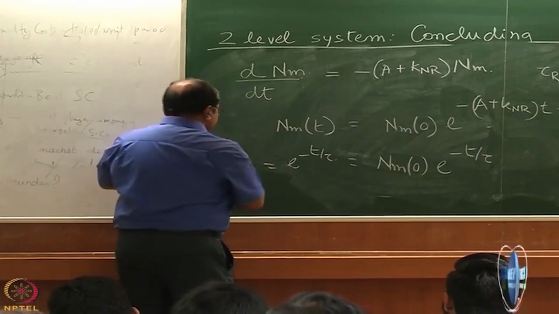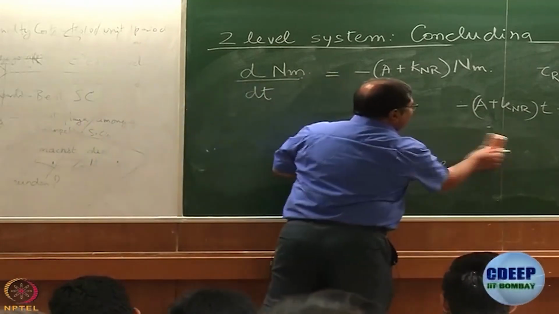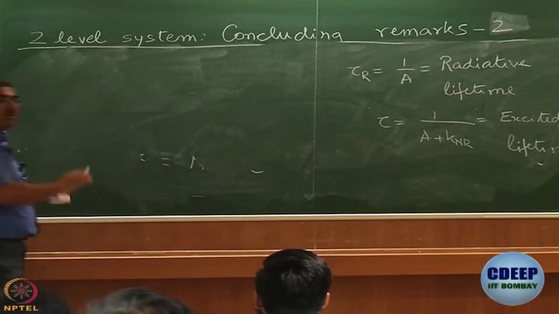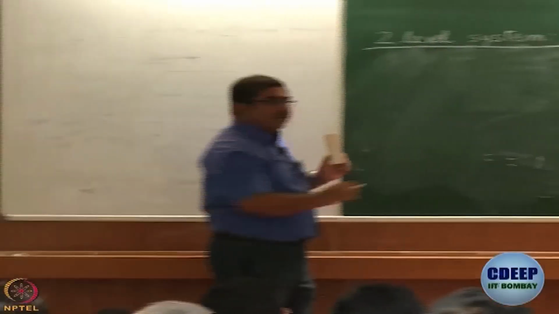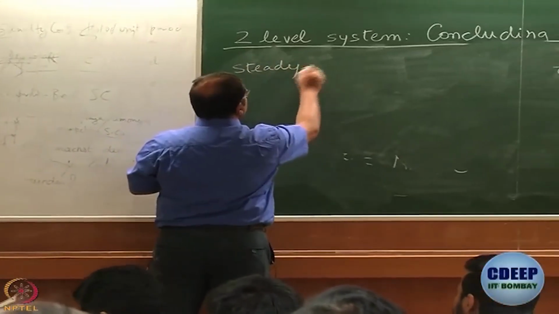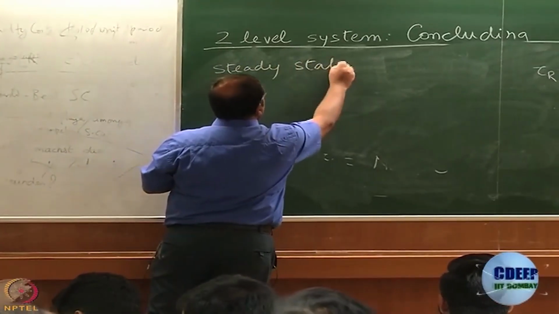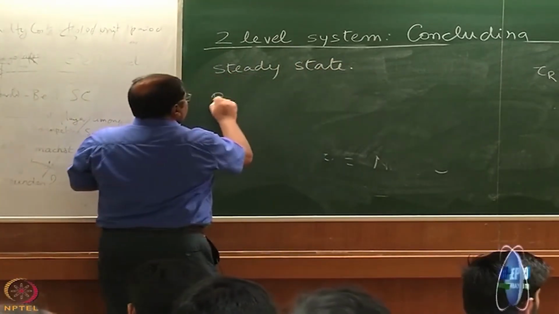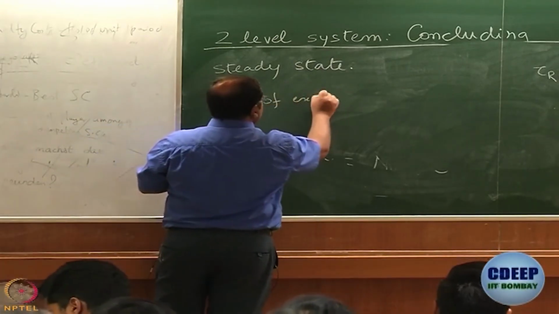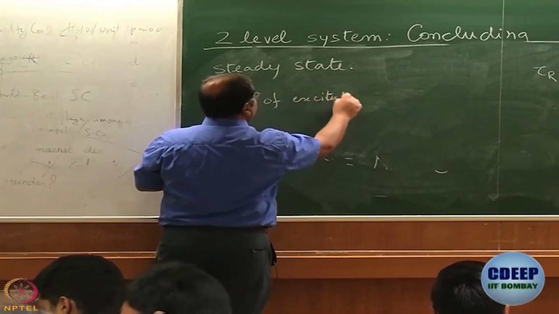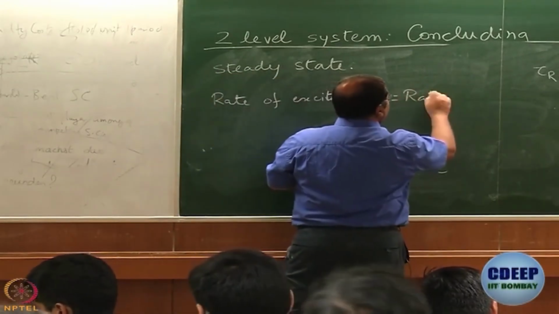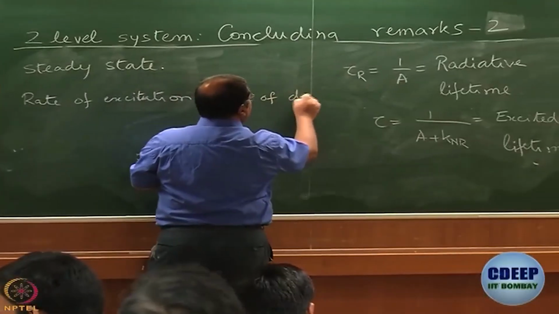But what we end our discussion today with is this. Remember, we had talked about steady state some time ago, right? What is the meaning of steady state? Rate of excitation is equal to rate of, I can call it, de-excitation.